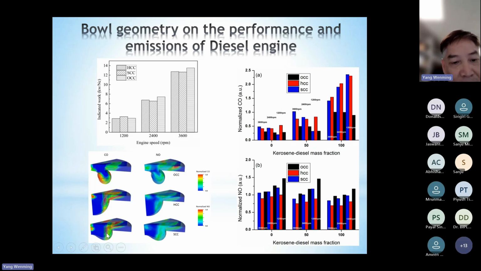Because this kind of design, the fuel can be easily spread to other positions from here.